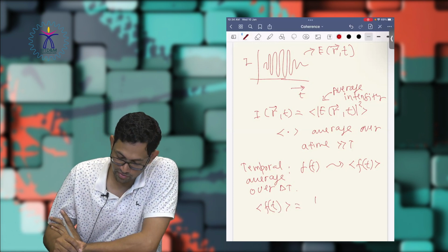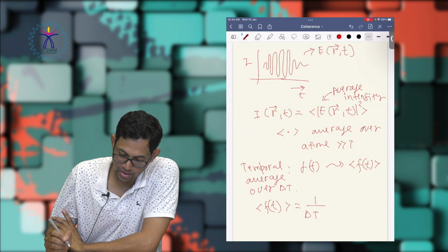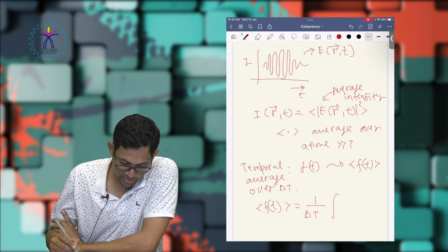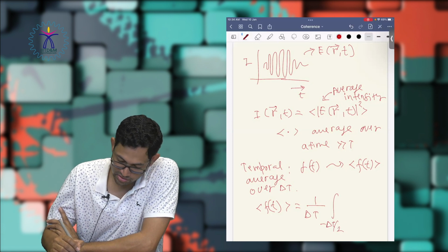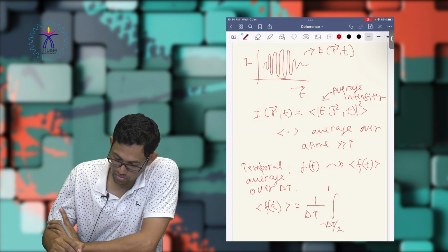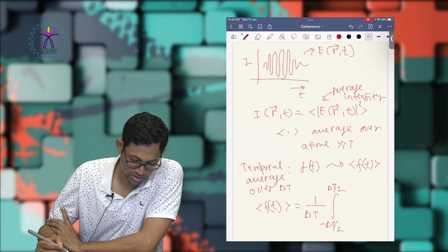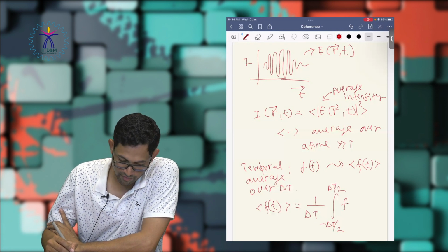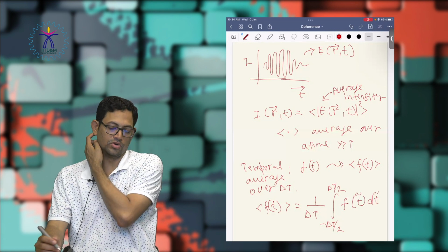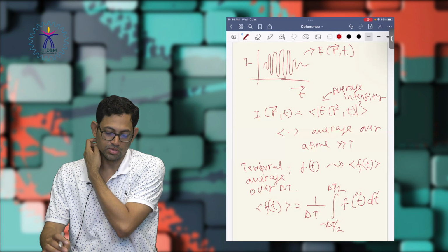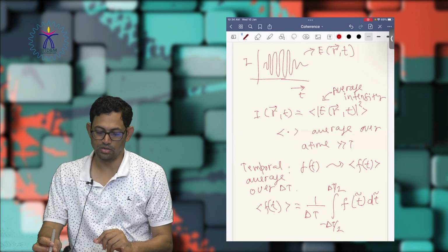That is given by 1 over delta t, integral from minus delta t by 2 to plus delta t by 2 of f of t. Now I am introducing one more t cap to differentiate the actual time from the newly defined time instances.